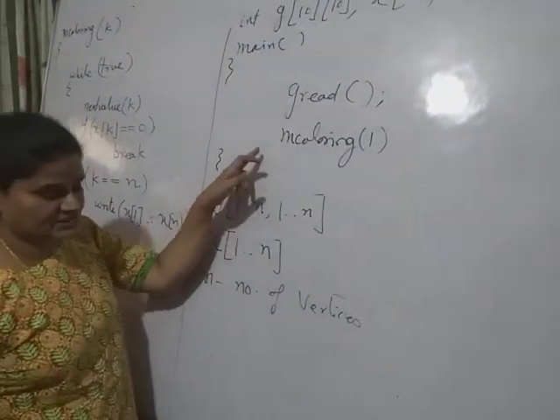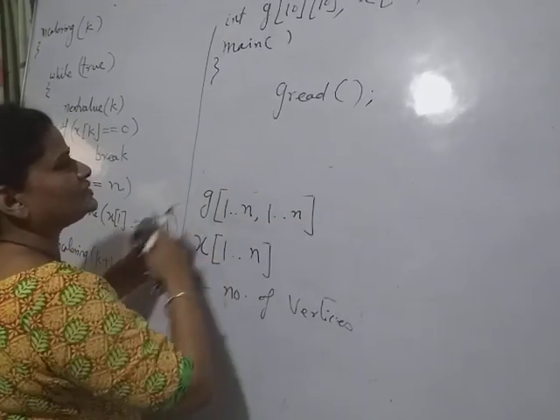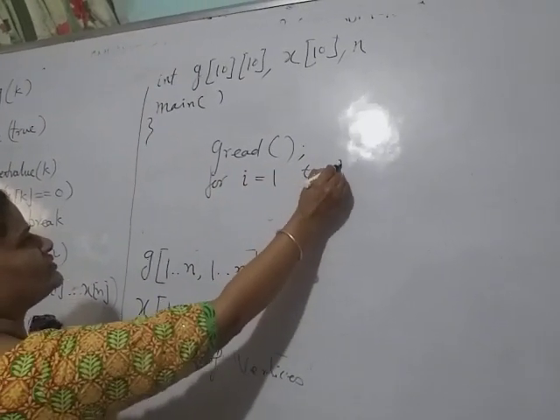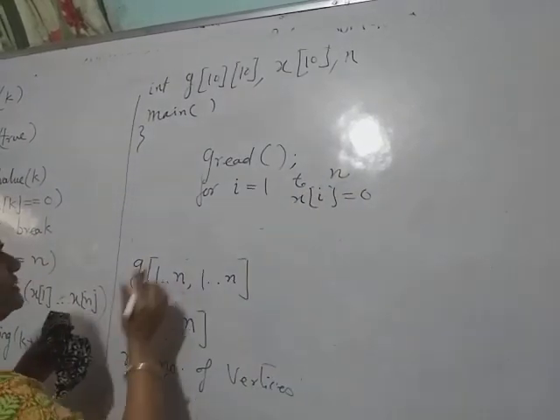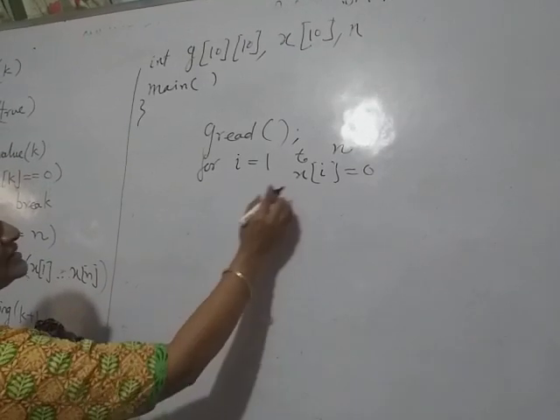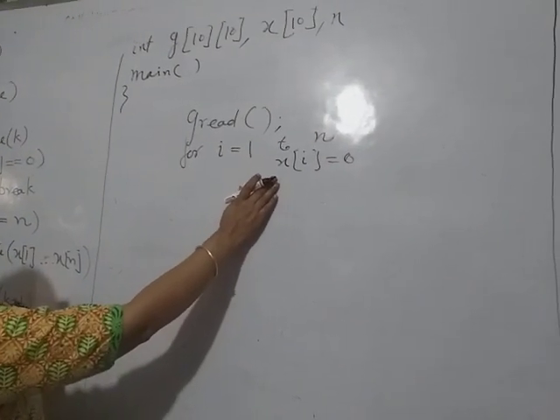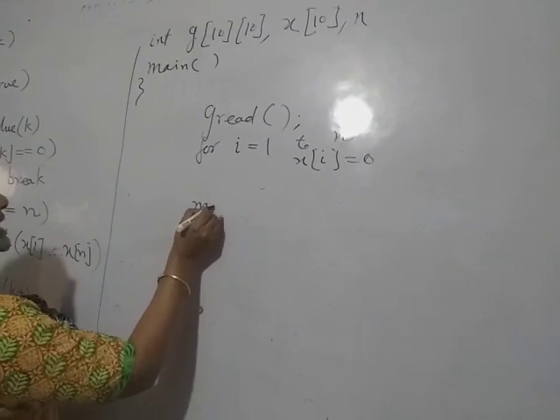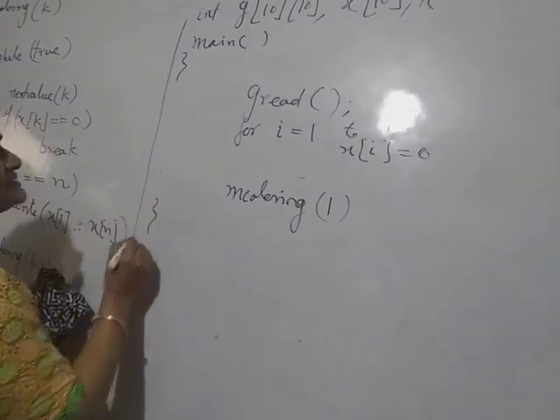Before calling this function, one more line is missing here. You have to initialize the solution vector with 0: for i equal to 1 to n, xi equal to 0. So the solution vector is first initialized with 0 and then you call m coloring 1. This is the main function.